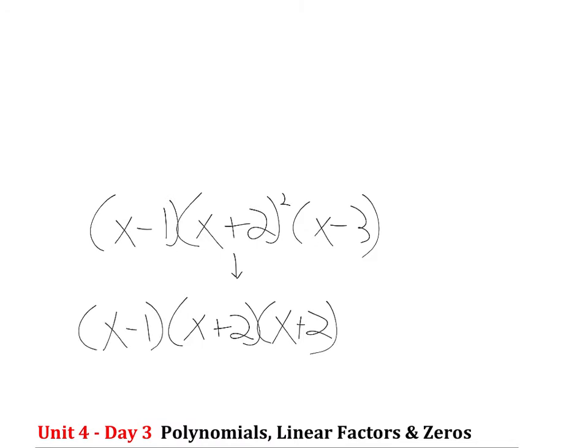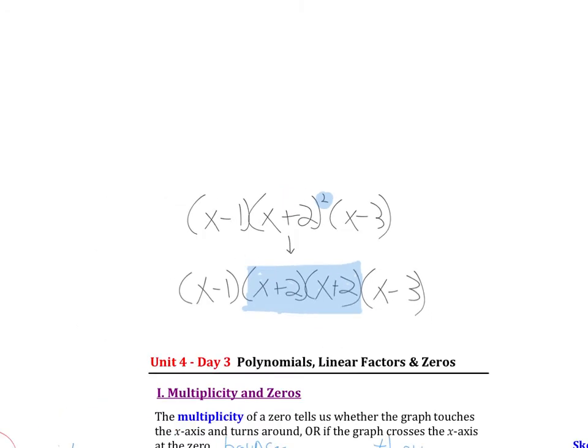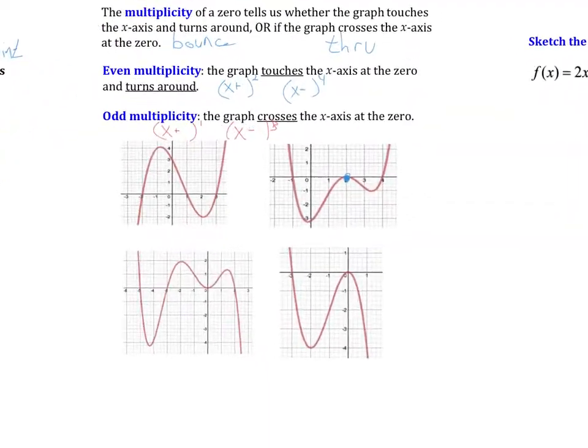So I can write this in kind of expanded form. So we call this multiplicity because it has been multiplied by itself 2 times. So it's kind of a double zero, and that's what creates a bounce, or if it was an odd, it would create a through point. All right, but I digress.